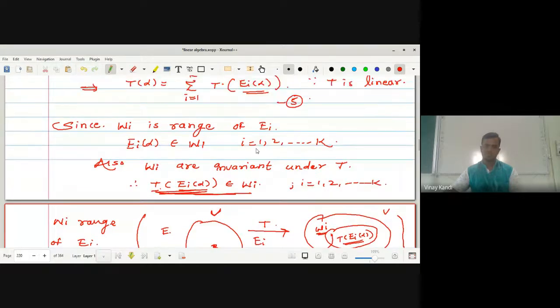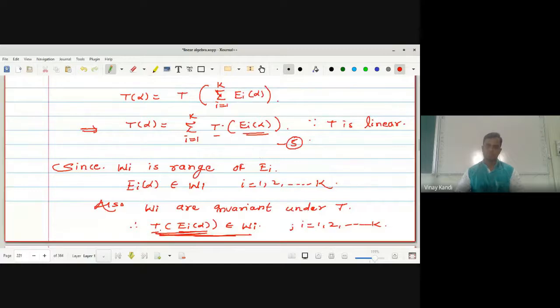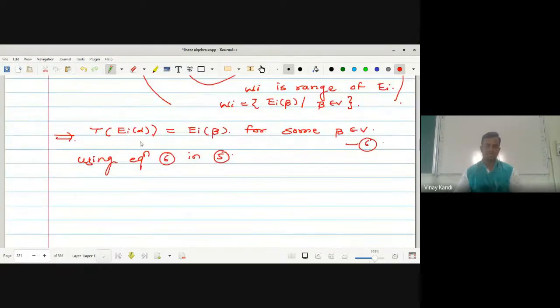What is equation number 5? T of Ei of alpha is nothing but Ei of beta, so put here. This is T of alpha is equal to summation i running from 1 to k of Ei of beta.